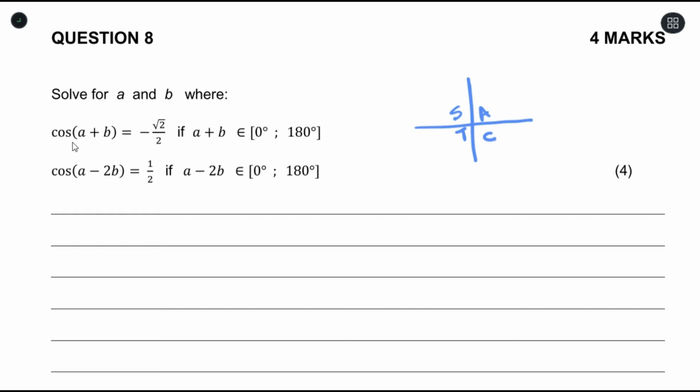Now, because we have cos and the answer here is negative, and this is between the first and the second quadrant because this is 0 to 180, we understand that cos of A plus B would be in the second quadrant. Now for A minus 2B, since it's also cos and that's positive, and it's also in the first and second quadrant, the sole focus will be the first quadrant, so this should be in this quadrant over here.